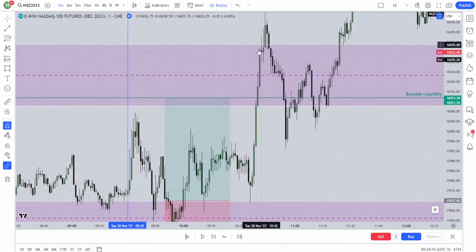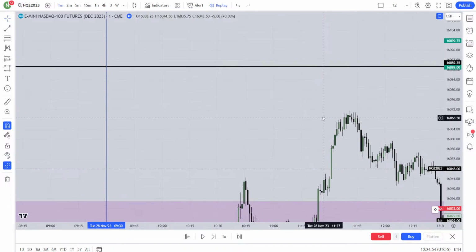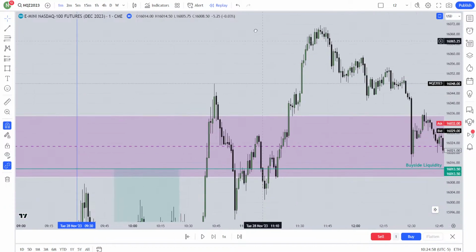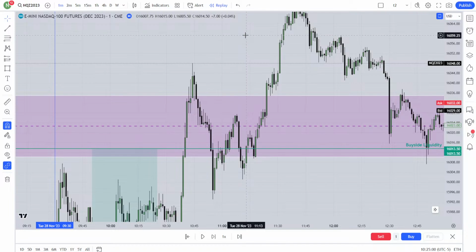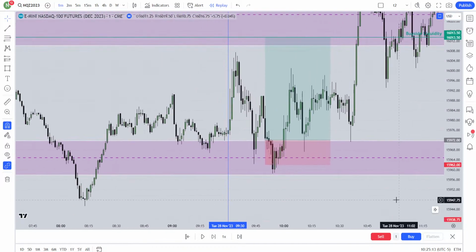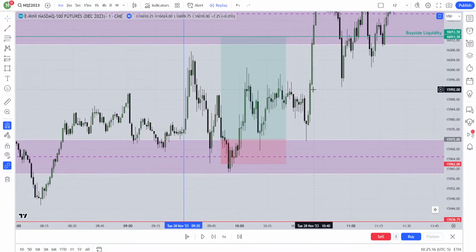Tuesday's narrative is the manipulation day. That means it has to take the buy side liquidity from Monday. Wednesday's narrative means you will expect the continuation of the run. If you see a big run, you will expect another big run. That is called narrative, not liquidity taken. Liquidity taken is for our entry. So Ovi, you are here.